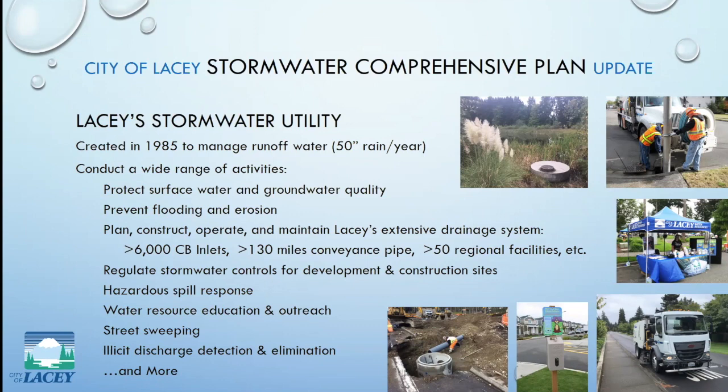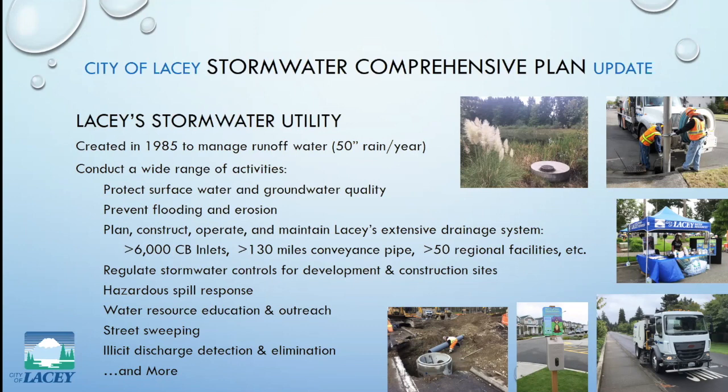bodies clean. So the utility was created back in 1985 to manage the stormwater runoff, and it's been evolving ever since. So we conduct a wide range of activities related to surface water and groundwater quality and preventing flooding and erosion. Almost everything we do is with those major goals in mind.